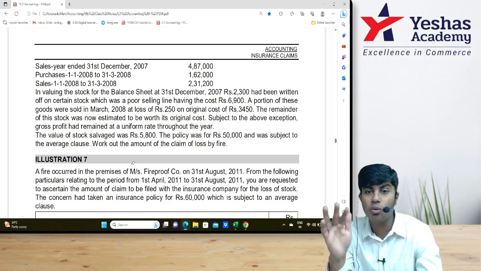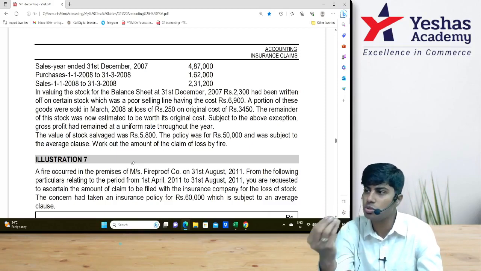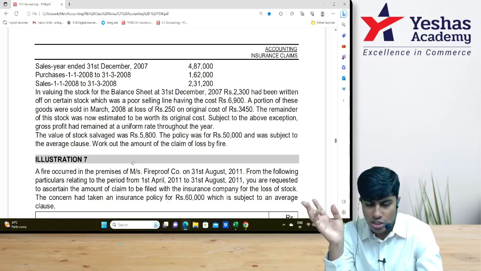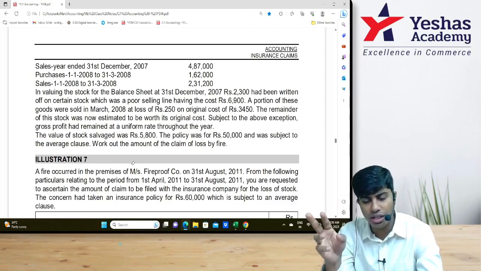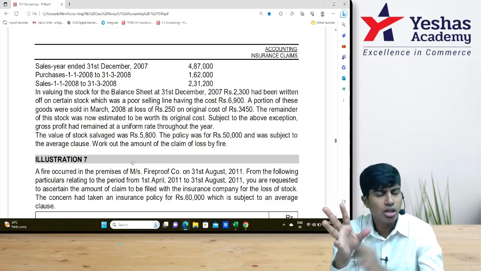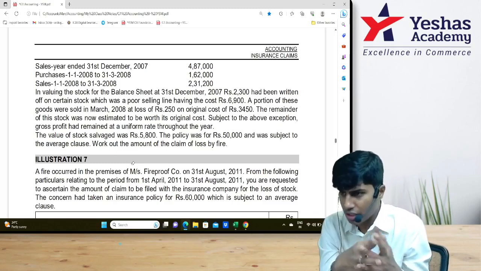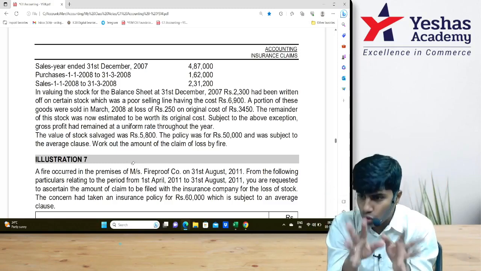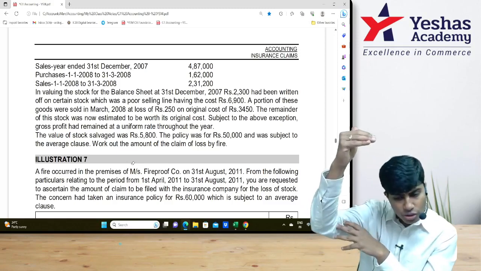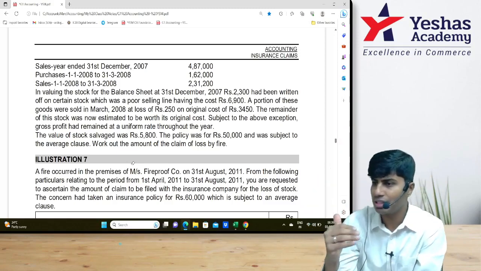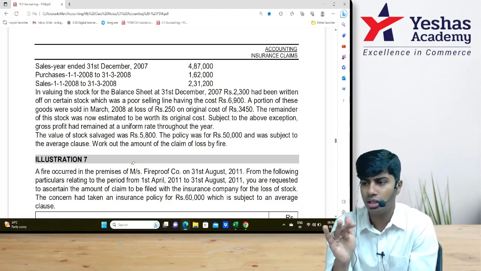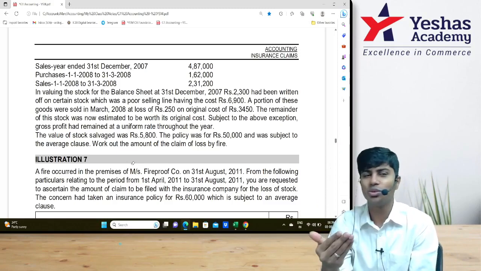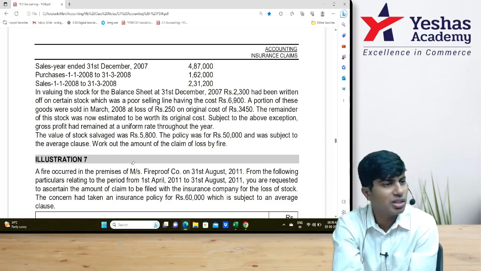Because of the poor selling line, meaning this product cannot be sold at the same profit margin, 6,900 minus 2,300 is 4,600. So the original cost is 6,900. NRV, net realizable value or sale value, is 4,600. So they reduced from 6,900 to 4,600 by writing off 2,300. We will add back that 2,300 to bring it back to 6,900.